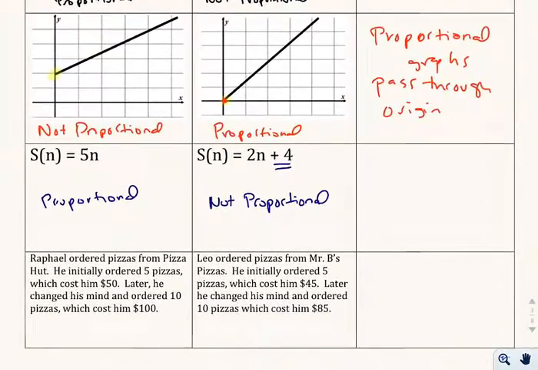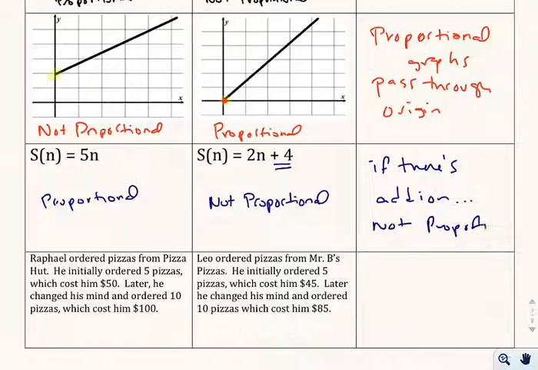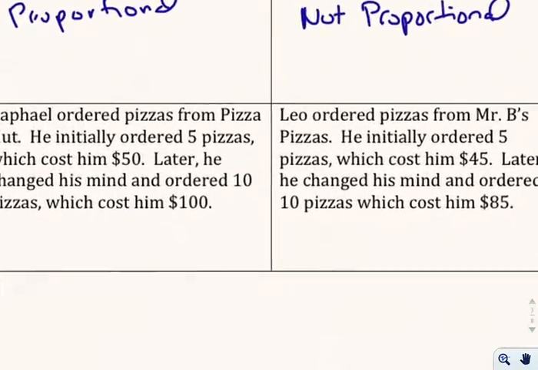Okay, and we tell it directly because if there's addition, it's going to be automatically not proportional. And again, this has to do a lot with the fact that it's a direct multiplier, rather than an addition problem. So here's the payoff.